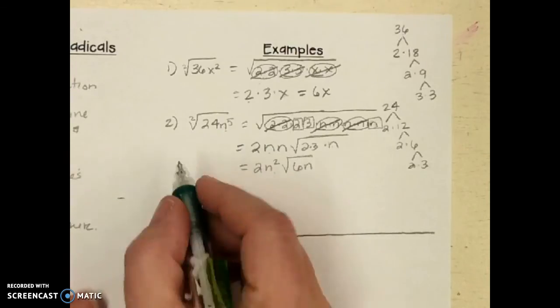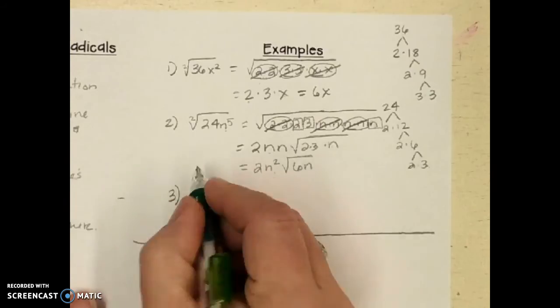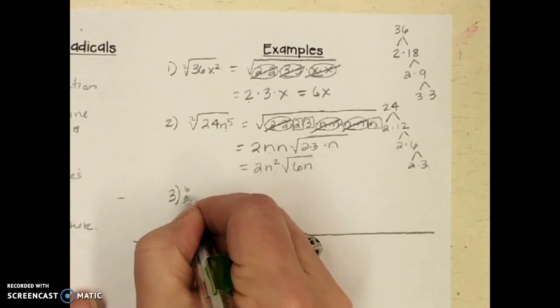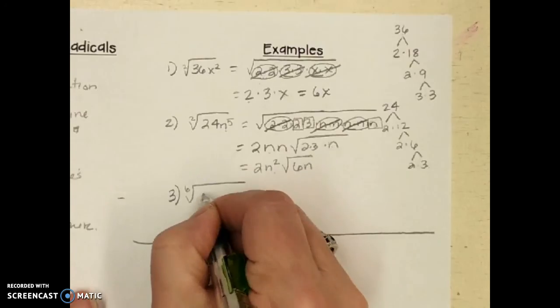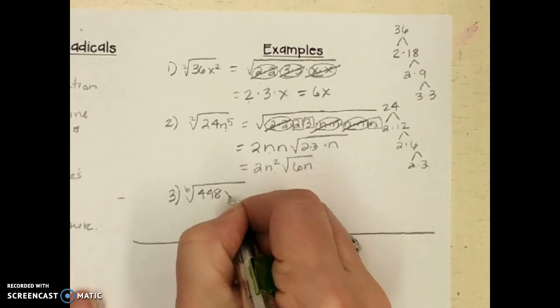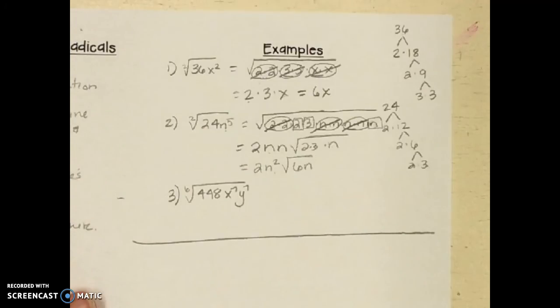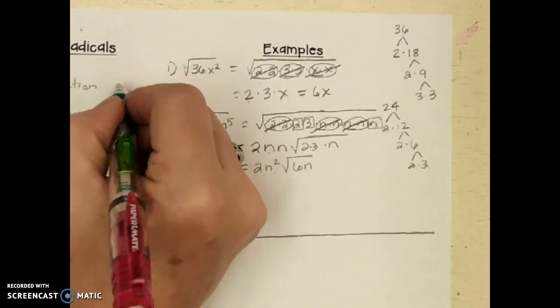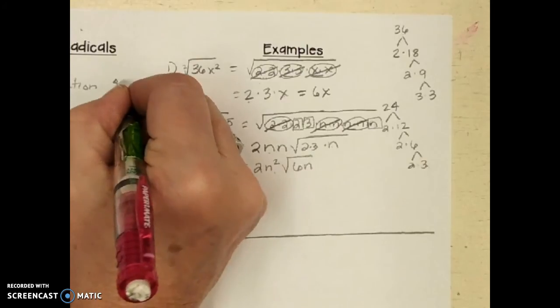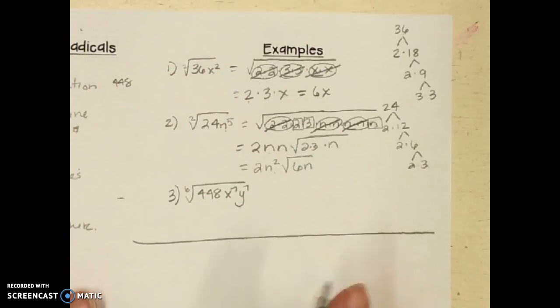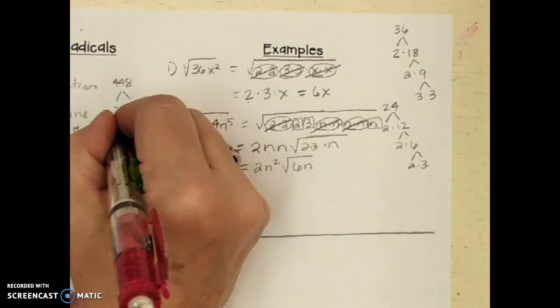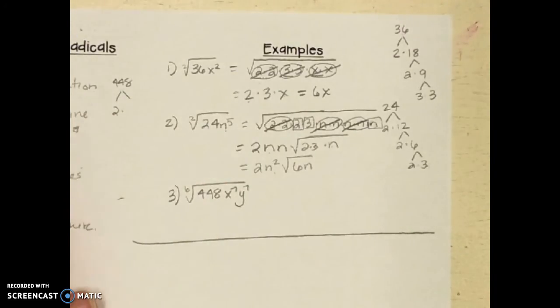Last example that I'm going to do like this is I'm going to do a bigger number. I'm going to do the 6th root of 448, x to the 7, y to the 7. I'm running out of room right here, so I'm going to break my prime factorization down on this side. So me personally, I start with 2, because if I'm getting all of my prime numbers, I want to start with the smallest one.